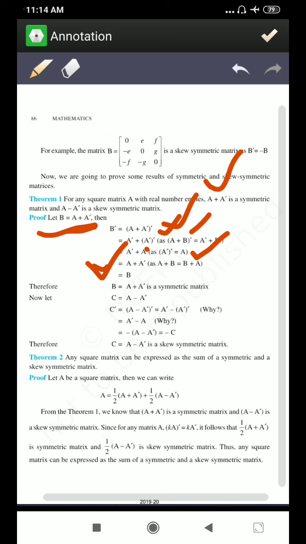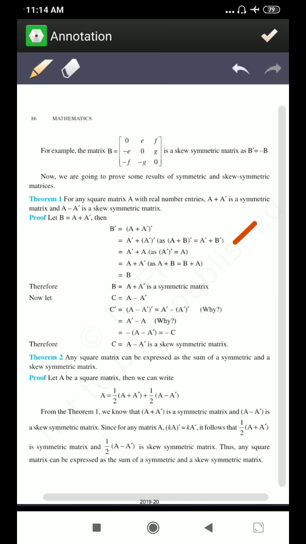Now we'll check for the skew symmetric matrix. Suppose we take C as A minus A transpose. I will prove that A minus A transpose is skew symmetric. So we'll take the transpose of A minus A transpose. Now you apply the same property in this step. So it will be A transpose minus A transpose whole transpose.